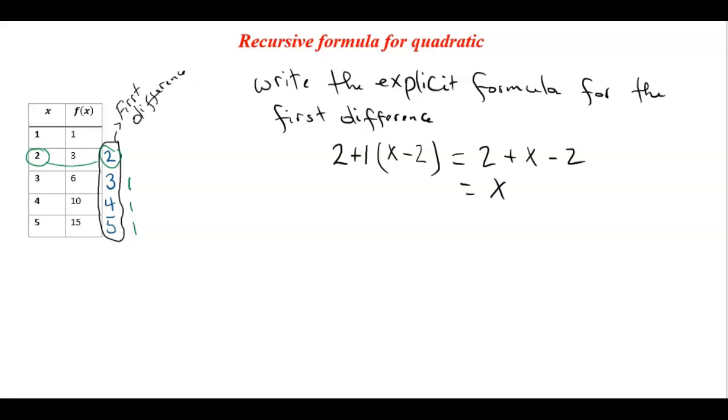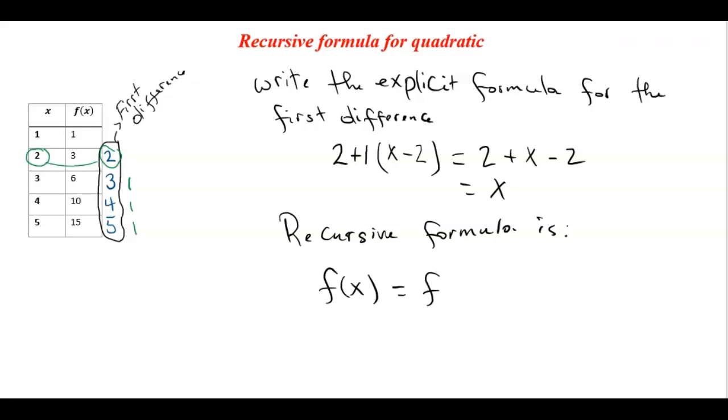Now when you write the recursive formula, it will be like this. The recursive formula is f of x equals f of x minus 1, which is the previous term, plus x.